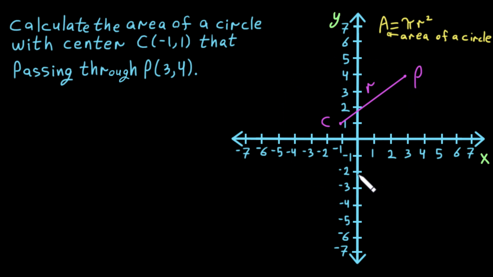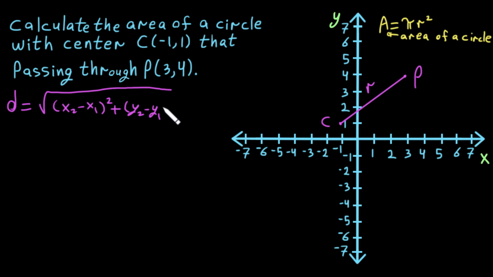As we know, a circle is a 2D shape, two dimensions, and the distance formula between any two points on the coordinate plane is given by d equals the square root of (x2 minus x1) squared plus (y2 minus y1) squared.